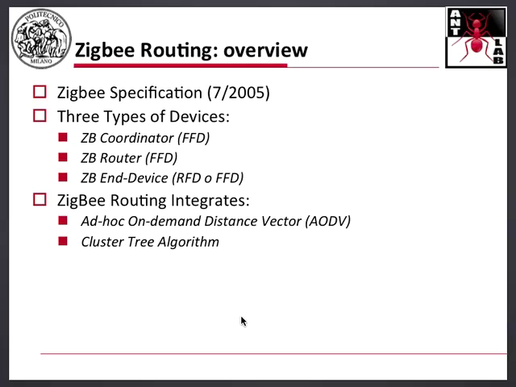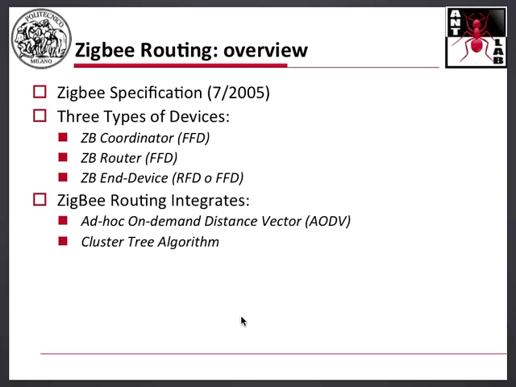We will see them both in detail in a few seconds, but just to anticipate, the difference is the following. The cluster tree routing approach creates a tree, meaning that the information is delivered along a tree towards one specific node, called the sink.